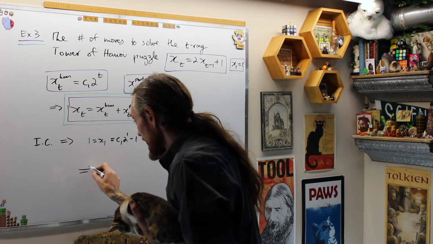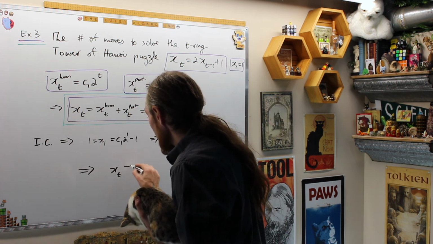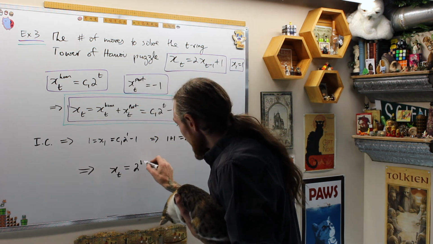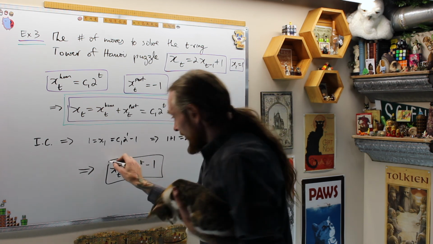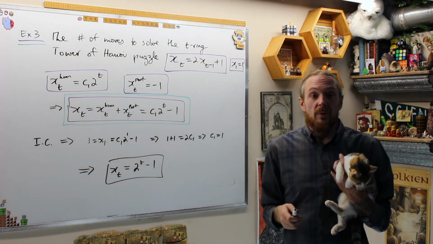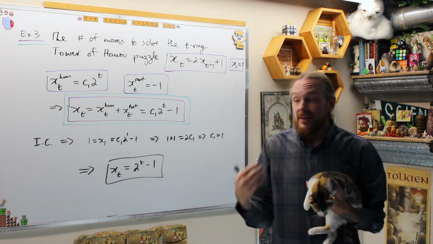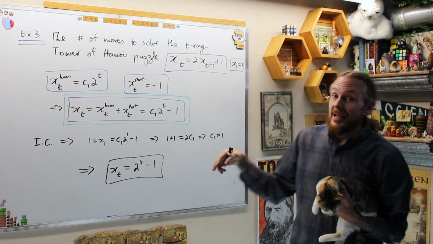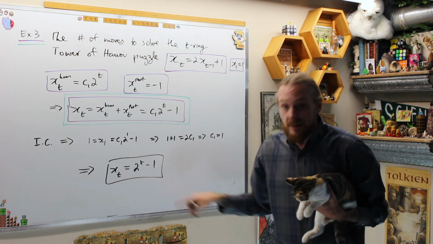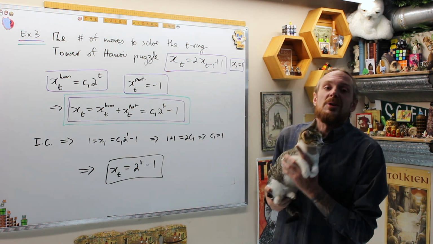And therefore, the general solution is given by x_t equals 2 to the t minus 1, just like we found using that horrible product formula from the last video. Either way, whichever technique you use, using the initial conditions and this method, you can get the unique closed form, which is a Mersenne number.